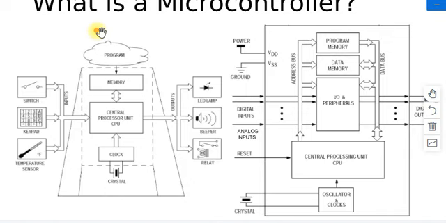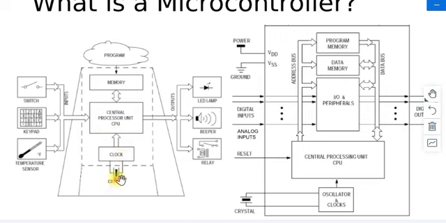So look at the system. There is a program, then memory, central processing unit or CPU, and the clock.